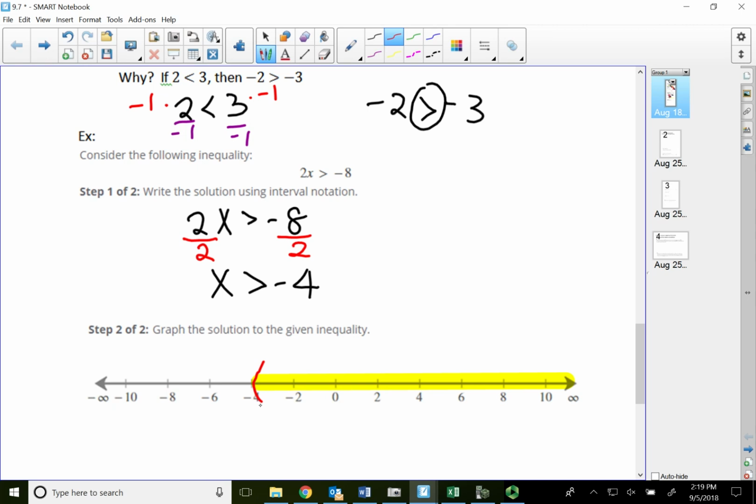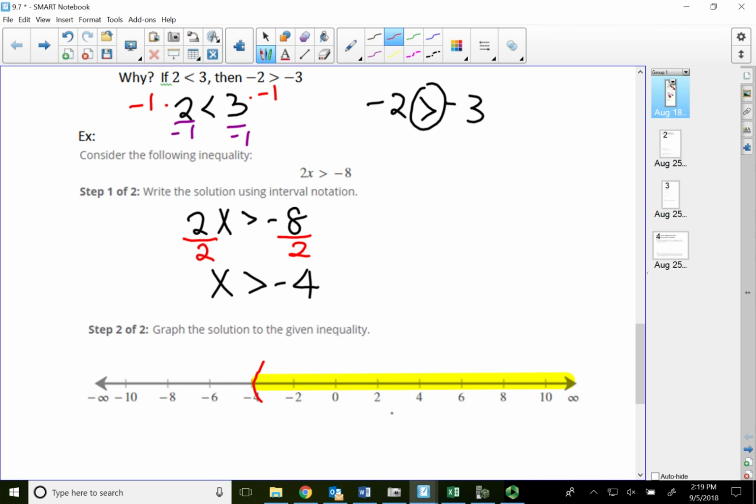That means -4 is actually not one of my answers. I have an infinite number of answers, but negative 4 is not going to be one of them because I'm not including it, since there's no equal to. So I'm using an open parenthesis to indicate negative 4 is not being included. Kind of use the negative 4 as a reference.